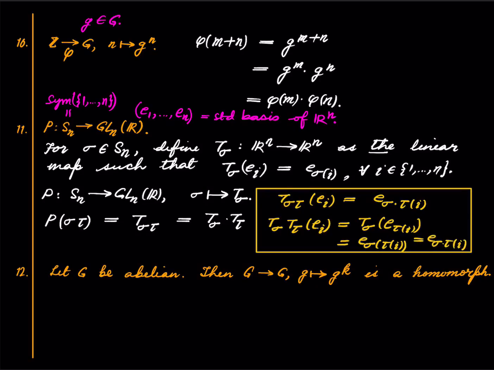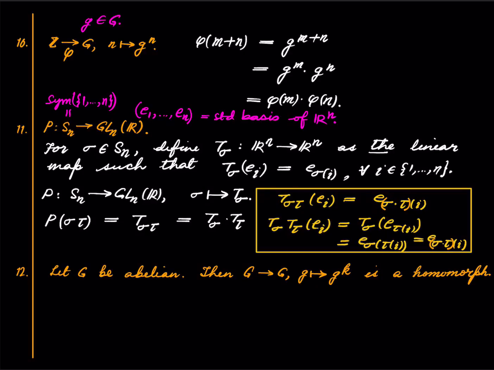So maybe I should make a bracket here somewhere. This bracket is supposed to be here, and here the brackets are correct. So let me make another one here. With this yellow box, this equation is justified, and that's why P is a group homomorphism. So this is a way to pass from permutations to linear maps, and this can sometimes be helpful to not think of permutations but think of linear maps.